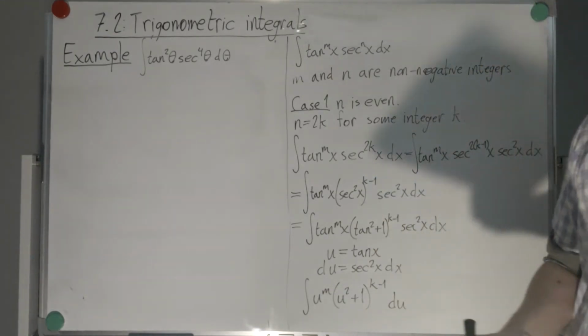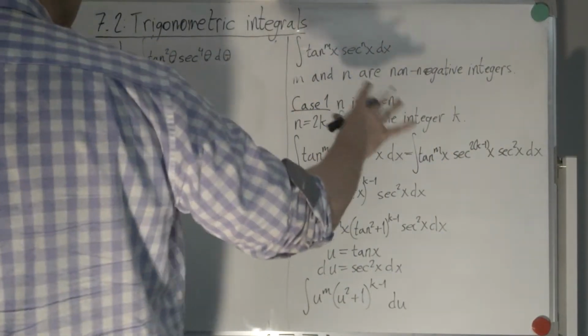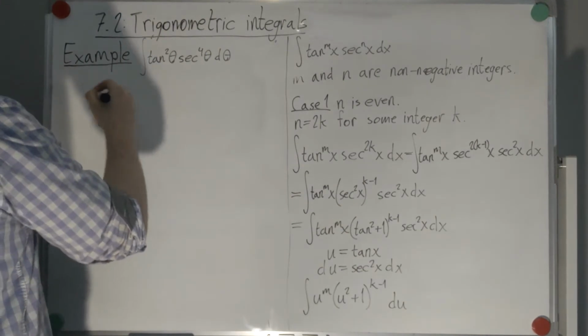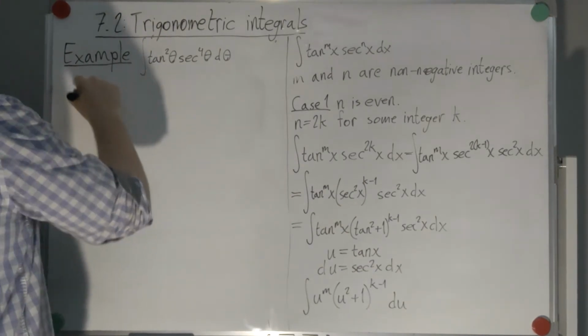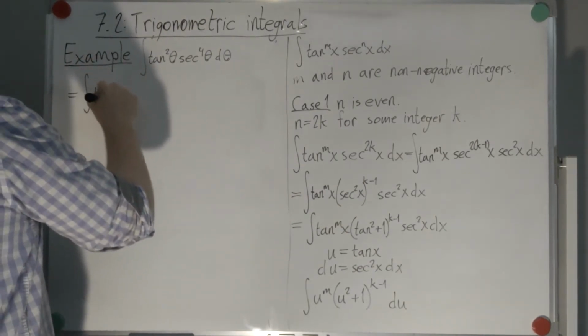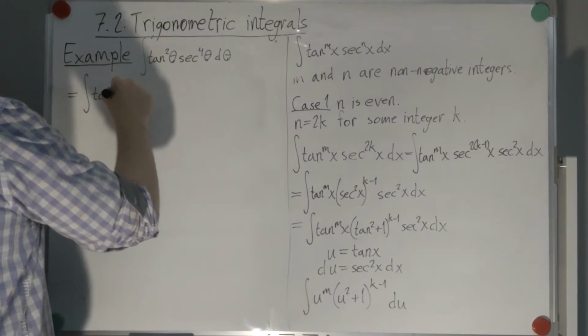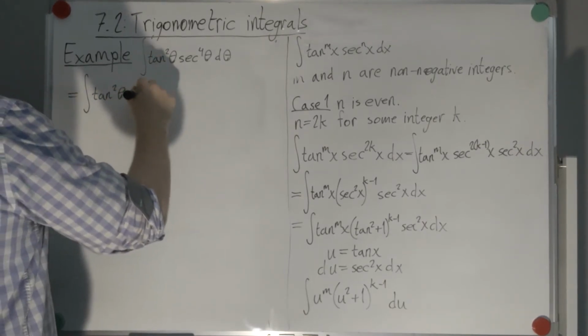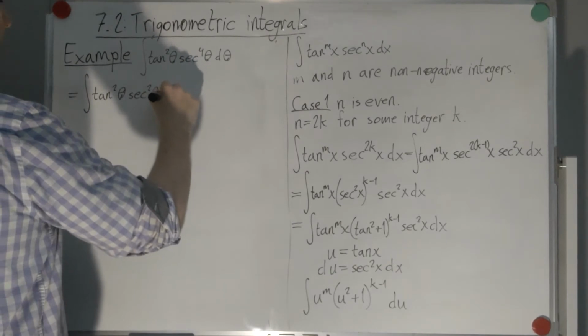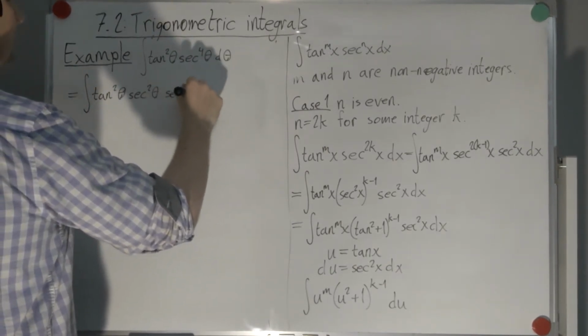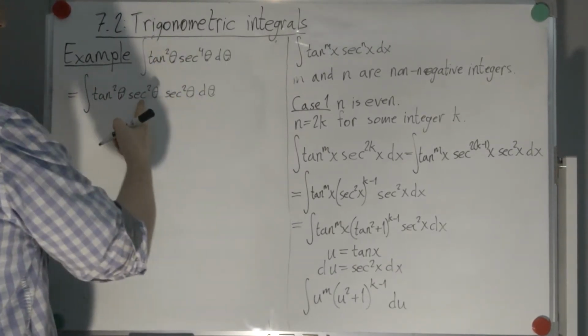Right then, just as in our abstract discussion, we're going to leave the tangent alone, and we're going to separate out two factors of secant theta. And then that leaves two factors remaining.